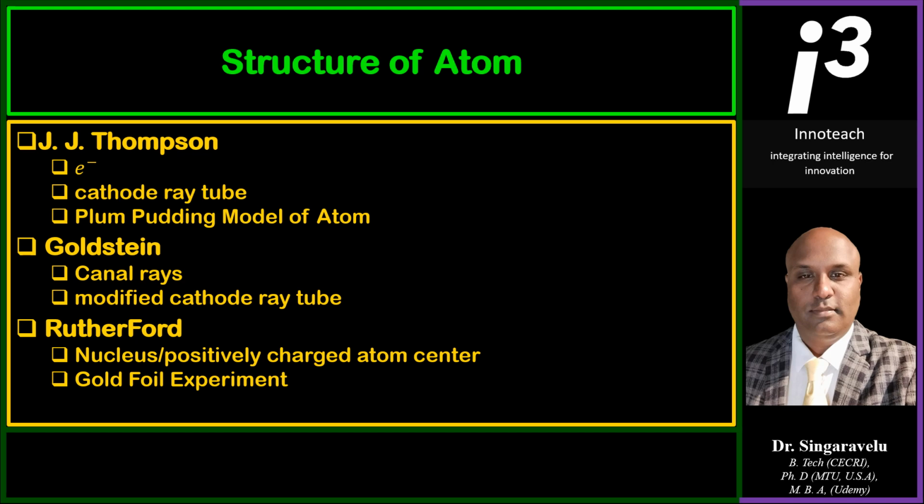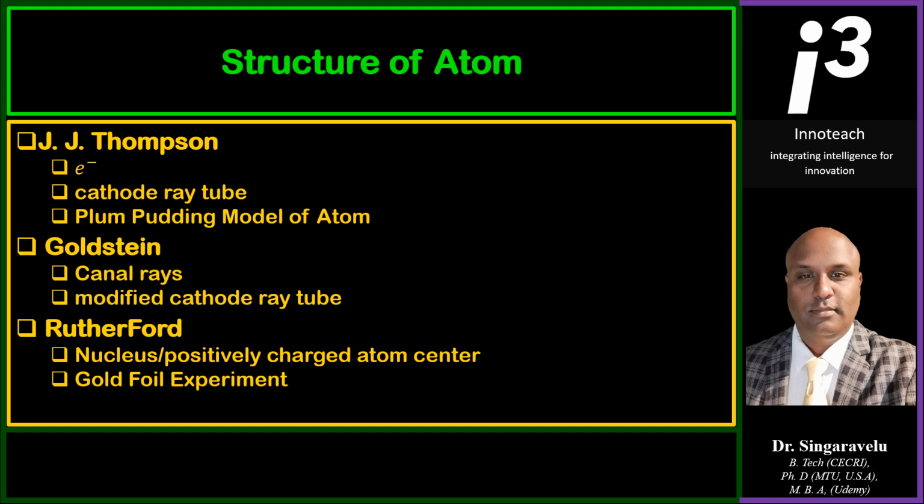He had a photoluminescent thin film which was surrounding the gold foil. So of the bombarded alpha particles, most of them passed through the thin foil of gold, and some of them got scattered.